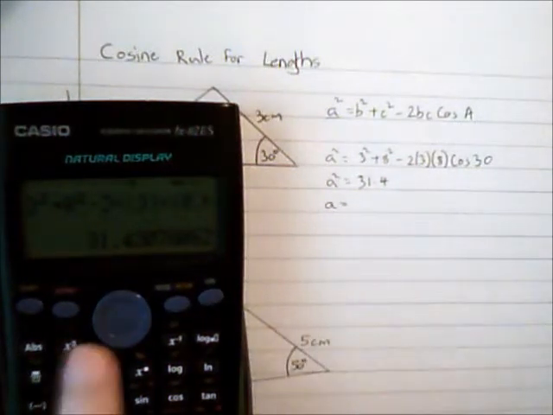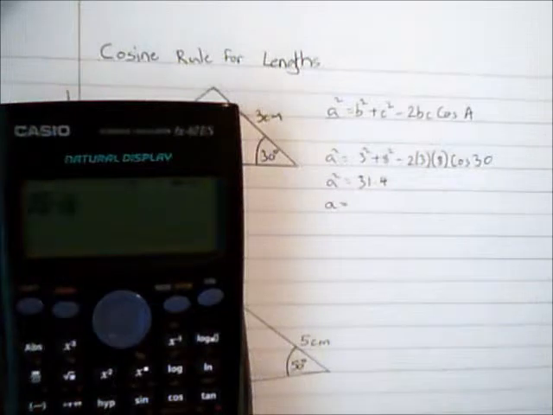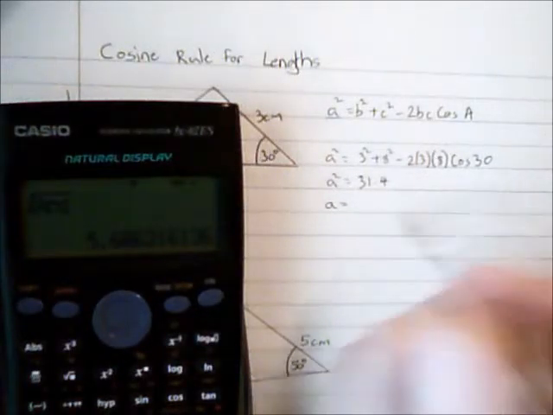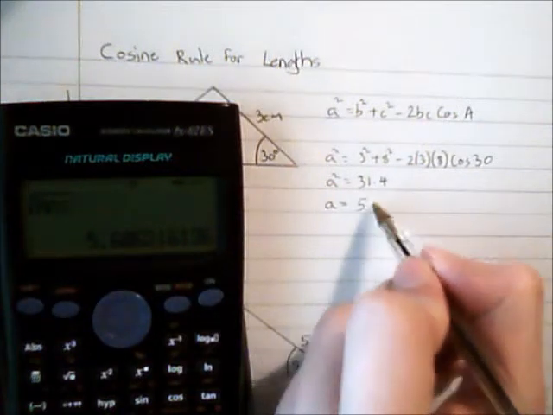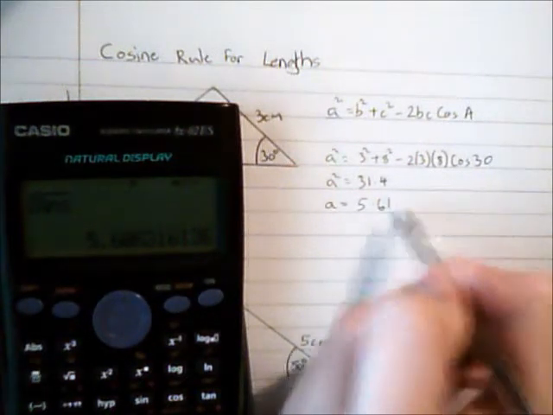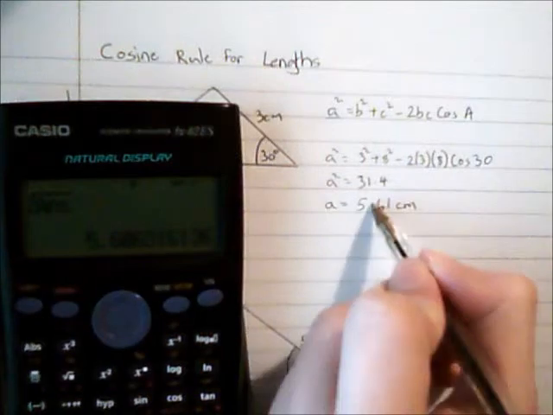And then I'm going to find the square root of that, so square root answer to evaluate a, and I'm going to give this to three significant figures, so 5.61 centimetres.